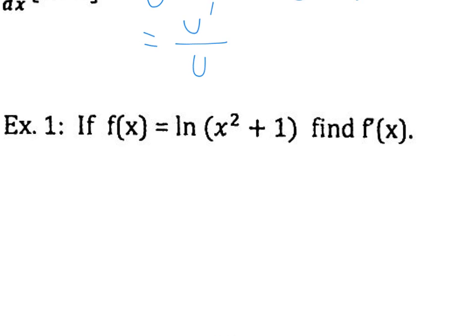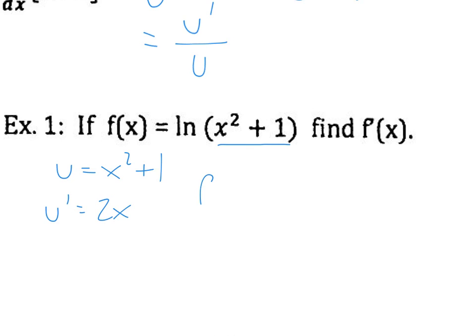Okay. In this particular case, I want to use the u situation from above. The u in this case is x squared plus 1. That's the thing inside the log. And then u prime would be 2x. So if I know what u prime and u are, I can differentiate this thing.